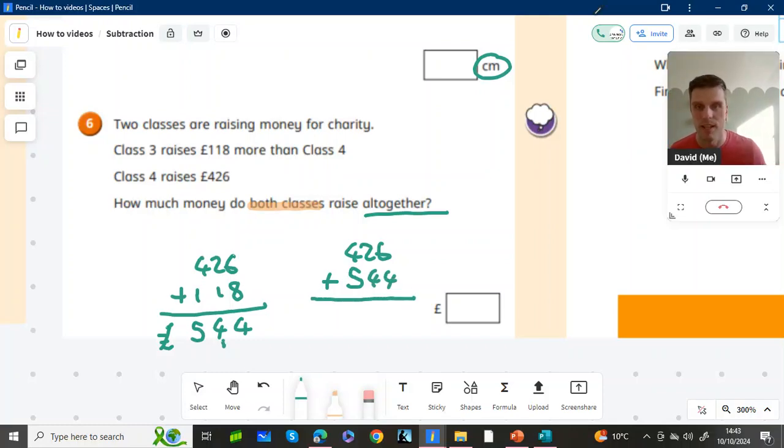Just make mine neat, there we go. 6 plus 4 is 10, so I put 0 in the ones column and carry the 10 forward into the tens. 2 plus 4 is 6, plus the extra 1 makes 7. And notice when I do that, if I've got more than 2 digits added together, I break it down. I add 2 digits together, then I add the next one. And finally, 4 plus 5 is 9. So my answer is £970.